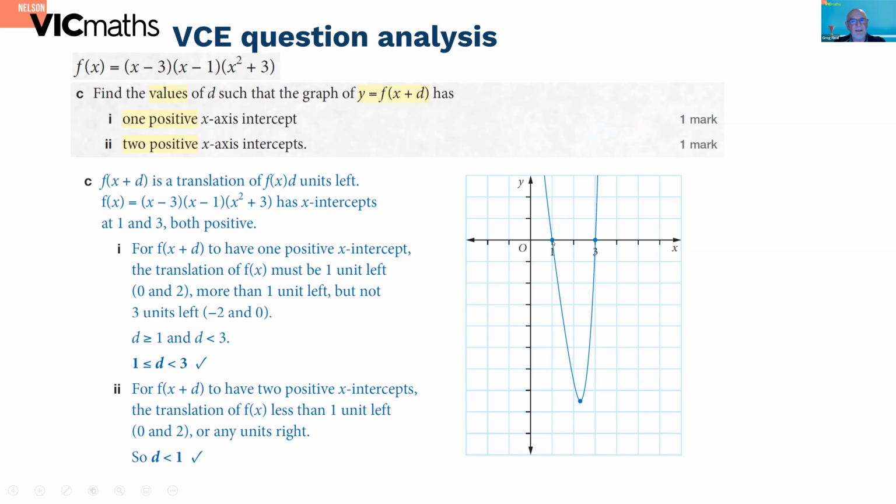If I want this to have 1 x-intercept, then I need to move the graph at least 1 unit to the left, which means that d must be bigger than or equal to 1. But I can't move it any more than 3 units to the left, because otherwise I'm going to lose that x-intercept of x equals 3 as well, which means that my d value needs to be bigger than or equal to 1, but also less than 3. So d has to be between 1 and 3, including 1, but not including 3.